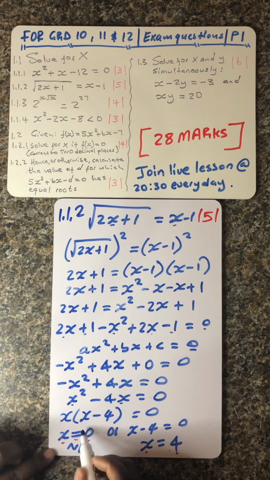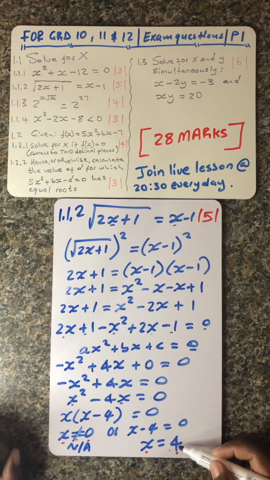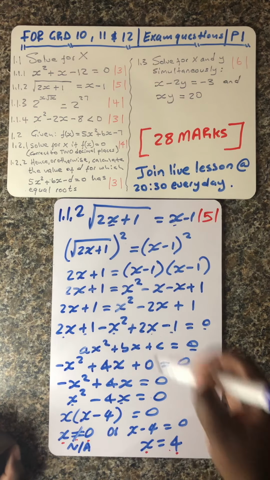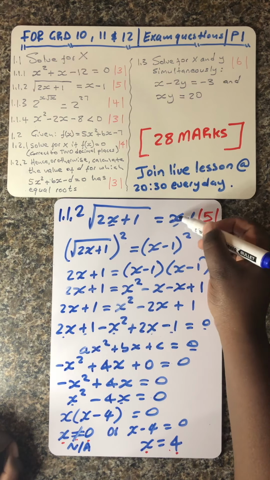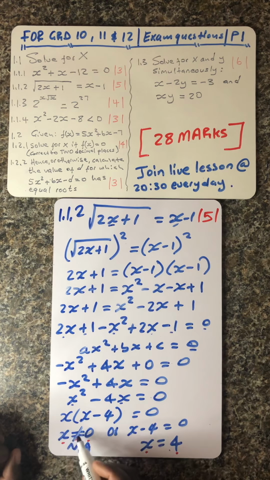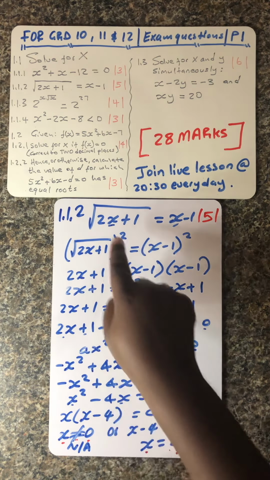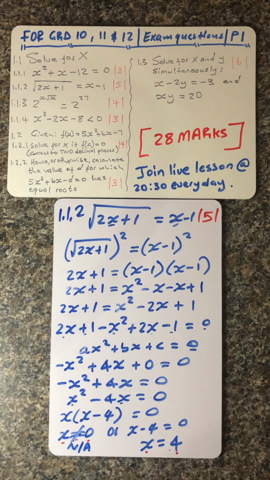Otherwise, the other one, you can do the same calculation where you substitute there by 4, get a number, and again substitute by 4 and compare those answers. If they are the same, then it means for this question x equals 4 and x does not equal 0. Otherwise you can just say not applicable under x equals 0, if when you substitute 0 there and there, you don't get the same answers.